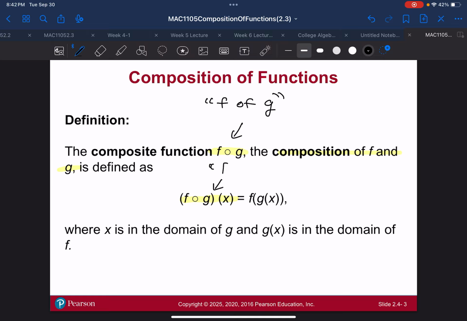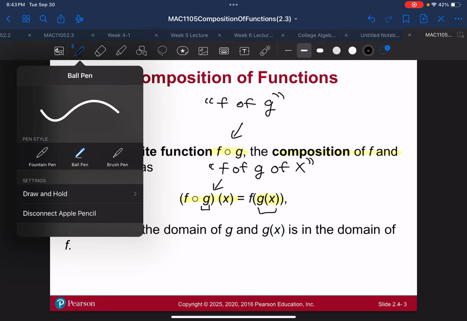So this is f of g of x. And so what this tells us to do by definition is it tells us to take g and plug it in to f. So that's why this can also be written like this, where we have the function g of x, and it's written inside the function of f.